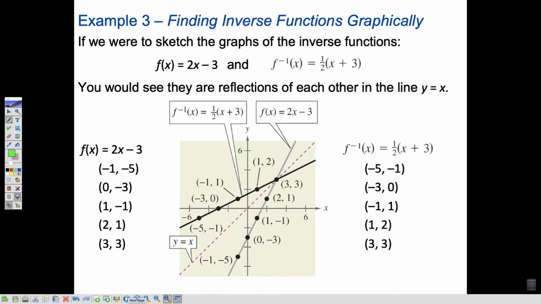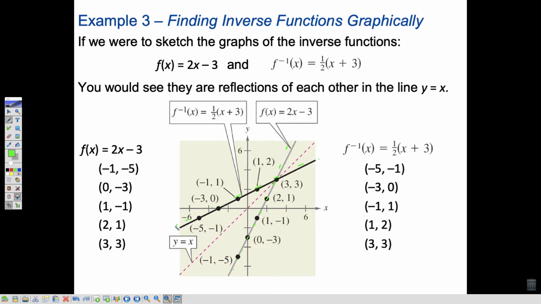Now here's that reflection, just look at it. I made a table on both sides, you see the table? Are the domains and ranges swapped? Yep. Do you see the reflection now? What is going on here? I have F and F inverse, and then you have that line. Here's F, here's F inverse.